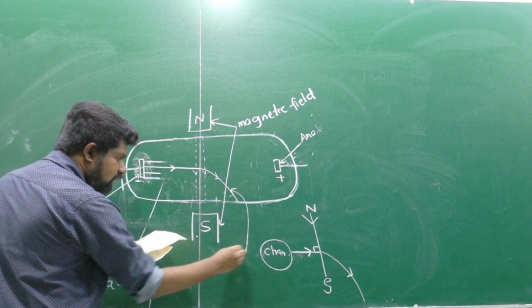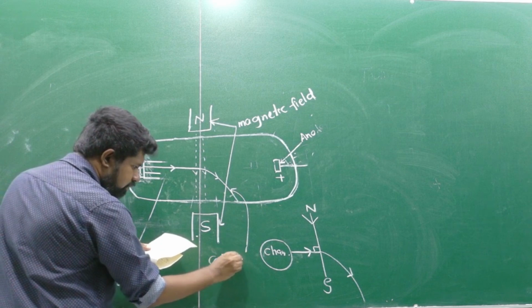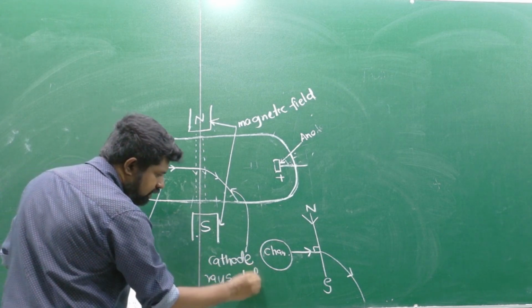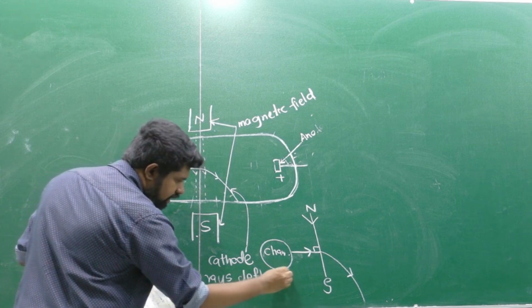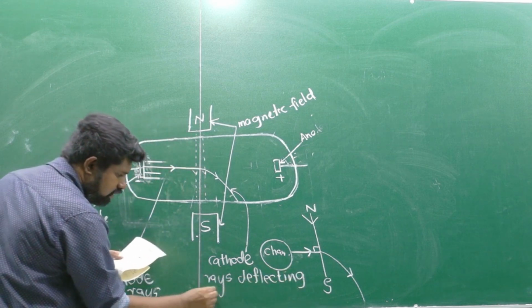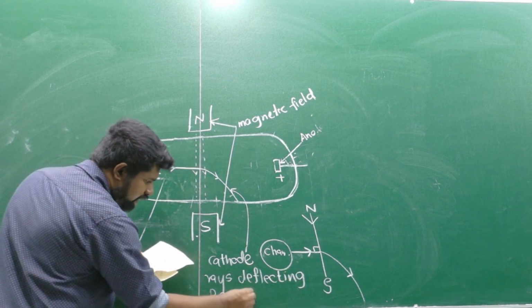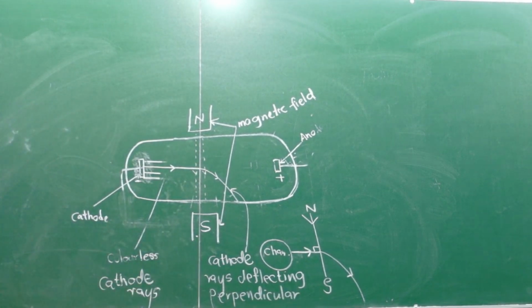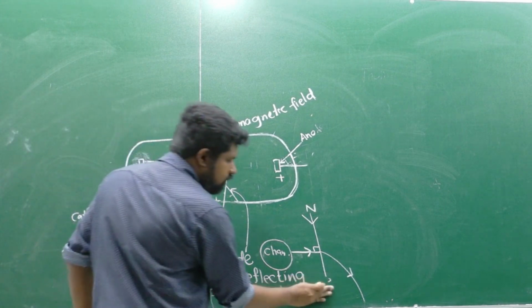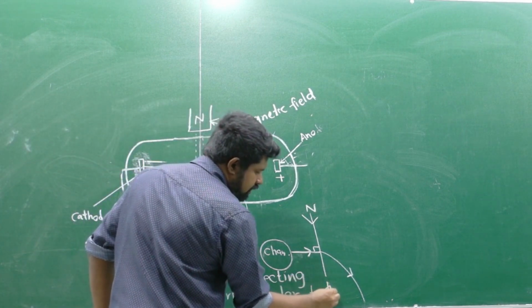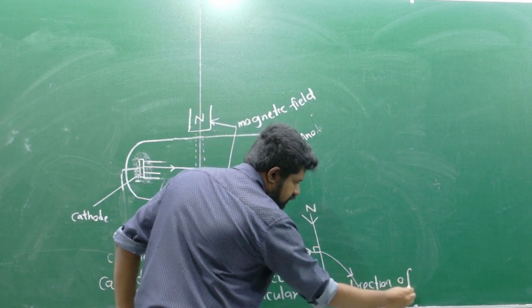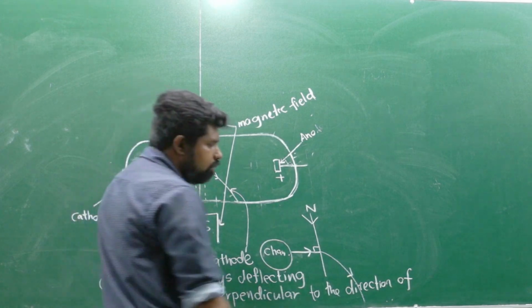We can write: cathode rays deflecting perpendicular to the direction of the magnetic field.